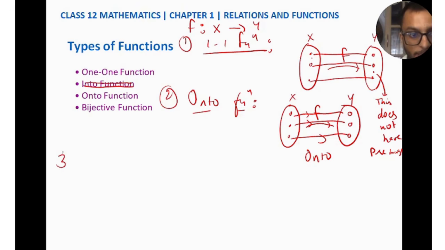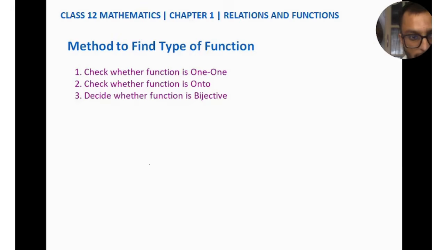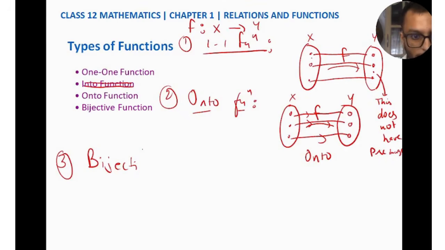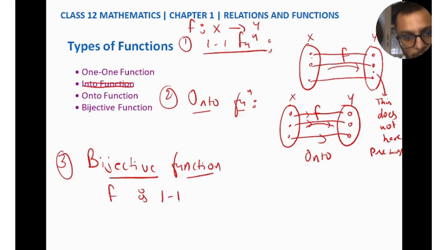Now what is bijective? F is called bijective if f is one-one and onto. Then it is called a bijective function. So you got what is one-one, what is onto, and what is bijective.